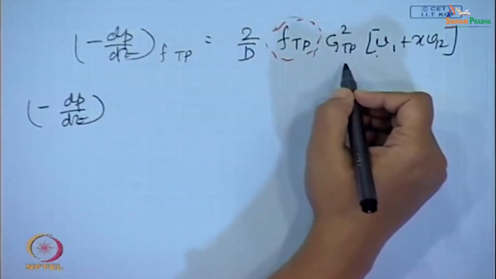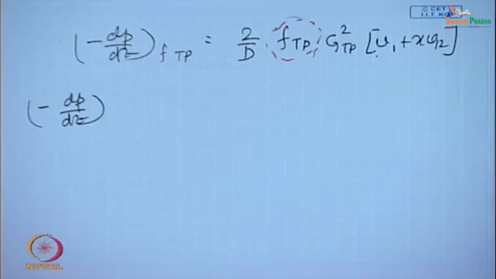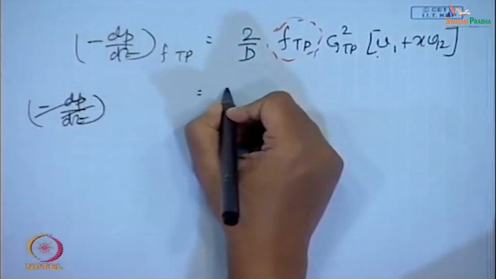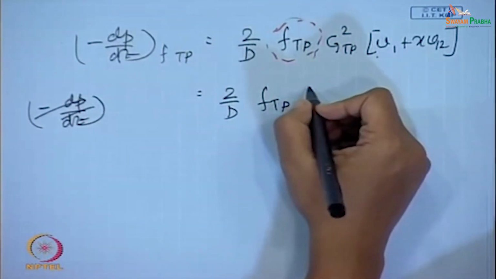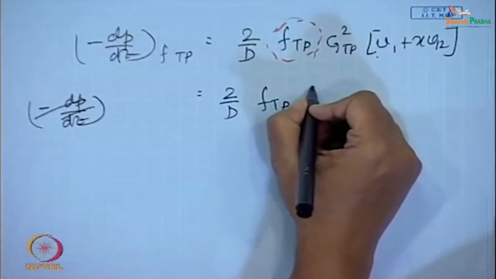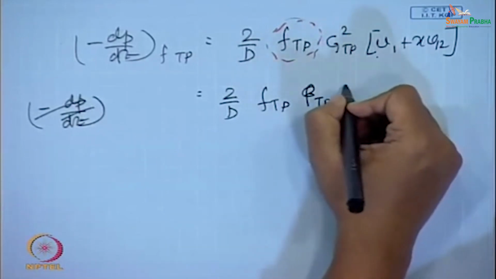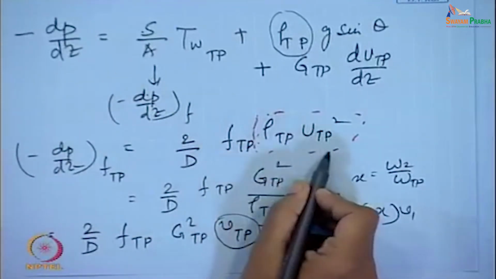Acha, there is one other form by which also we can derive it, that also I can do. Before I do this, I had started it with, sorry, rho T p u T p square. This is the basic form, if you see from where I had started it.